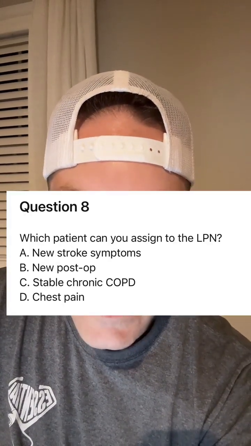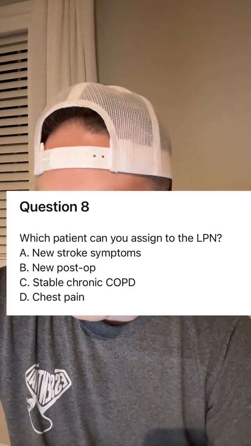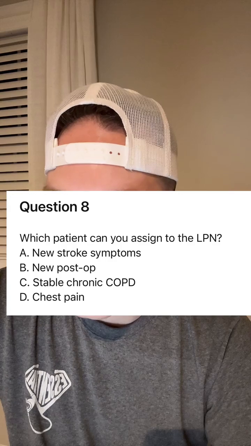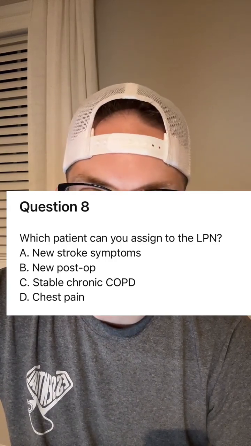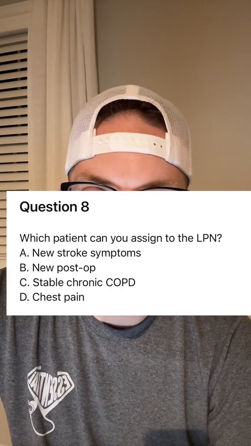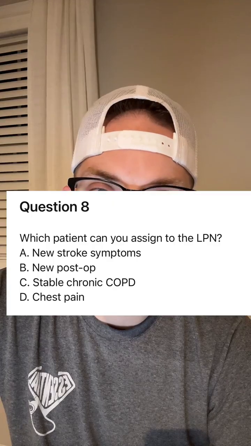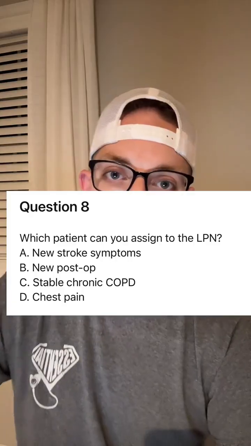All right, question 8. Which patient can you assign to the LPN? You're going to see a lot of these delegation and scope questions on the NCLEX. So which of these are you going to give to the LPN? It's not going to be a new post-op, because you might have unexpected changes there.